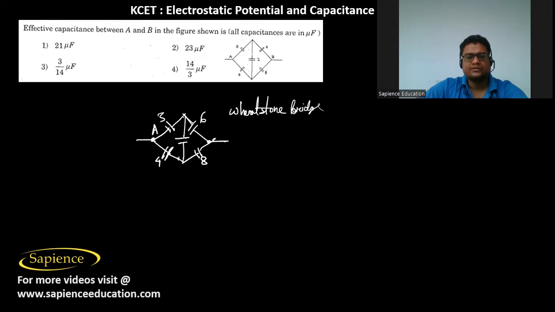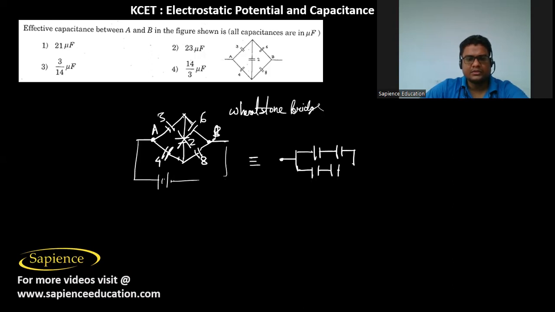It means that if the points A and B are connected across some voltage source, then no current will pass through this 2 microfarad capacitor. So simply we can just cancel it. So this circuit is simply equivalent to 2 capacitors in series, followed by 2 other capacitors in series, and these two branches are connected in parallel.